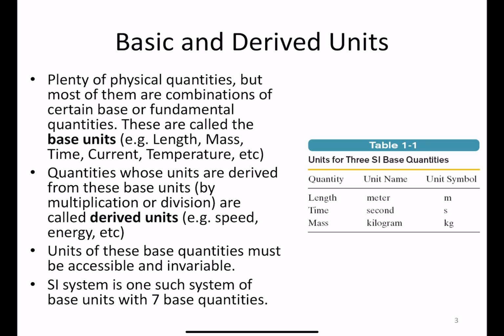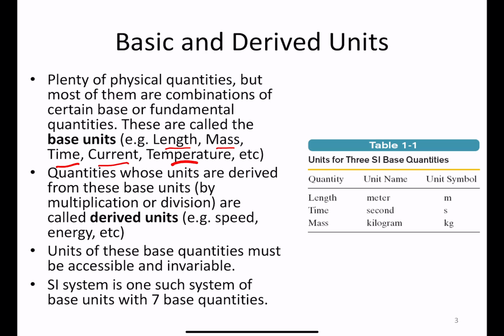A set of quantities: length, mass, time, electric current, temperature. The units of these quantities are designated as basic units. And any units which are combinations of these units are called derived units, right?